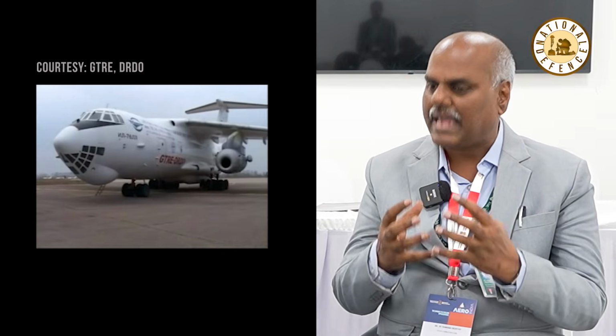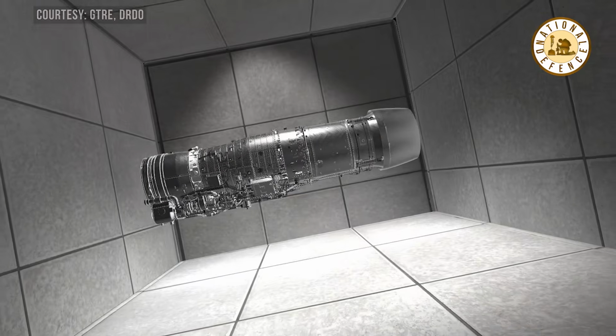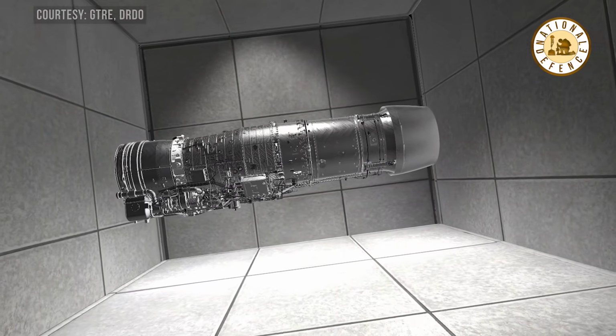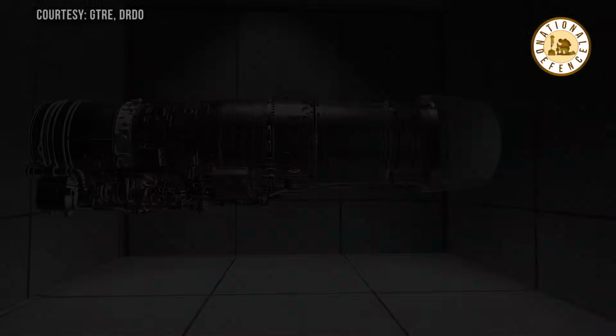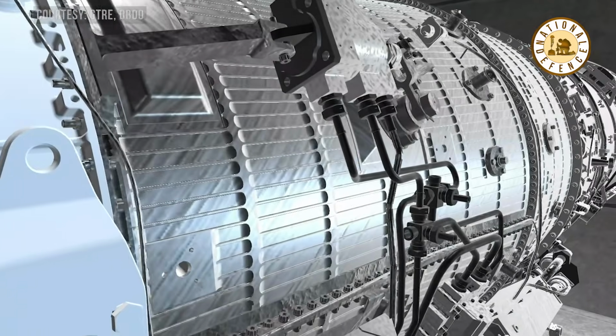So we should have single crystal castings. We are developing, with our sister laboratory DMRL, the single crystal casting technology, second generation, third generation, fourth generation, so that the turbine entry temperature can be increased, so that you can increase the thrust to weight ratio. That is one.